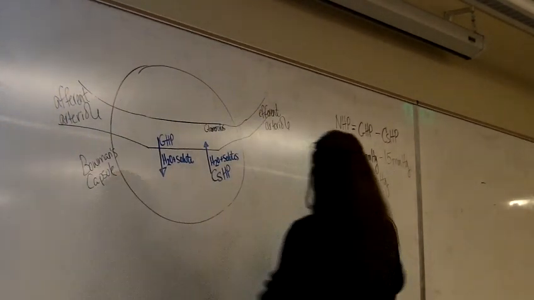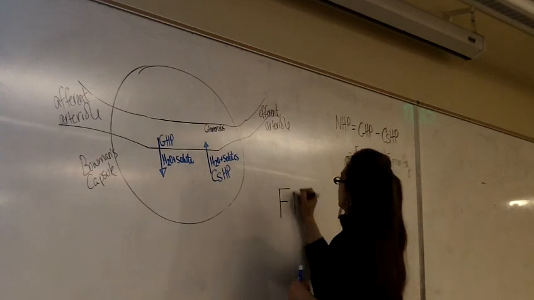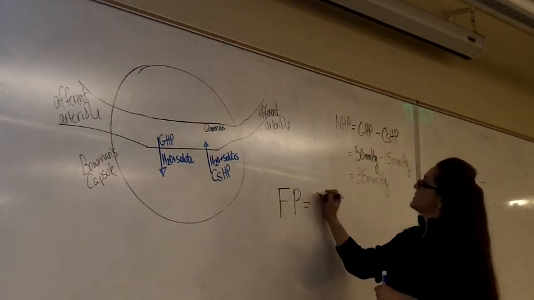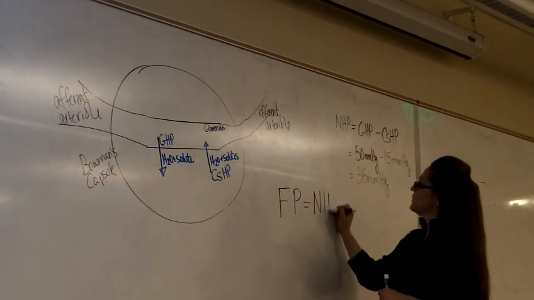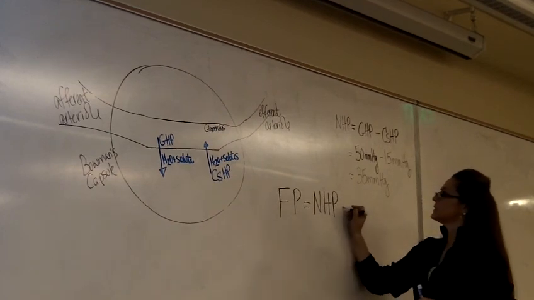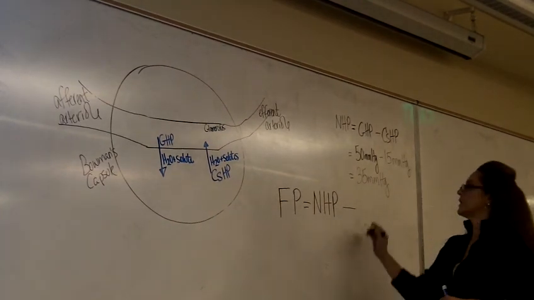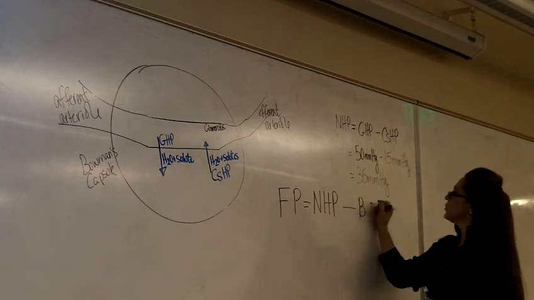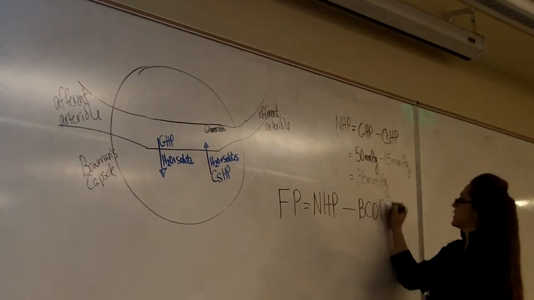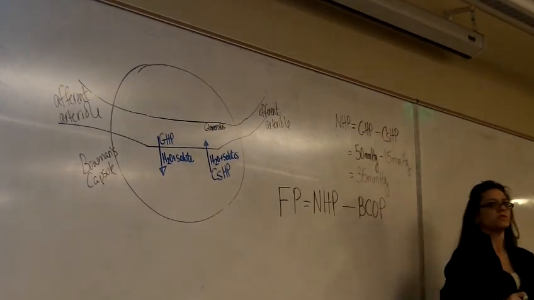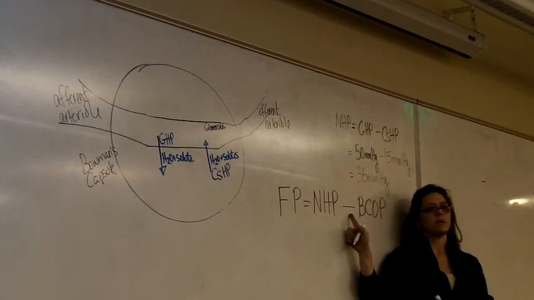Our filtration pressure is equal to what we just calculated, our net hydrostatic pressure, minus the blood colloidal osmotic pressure, because that opposes filtration. So that's why we're subtracting it.